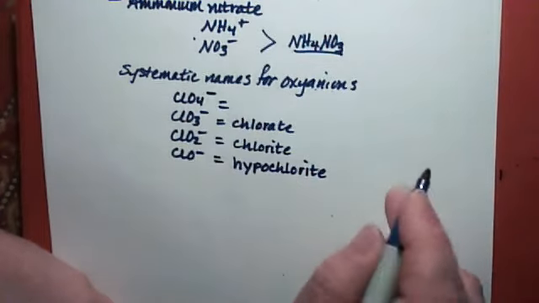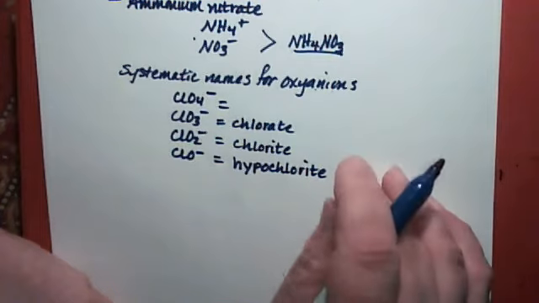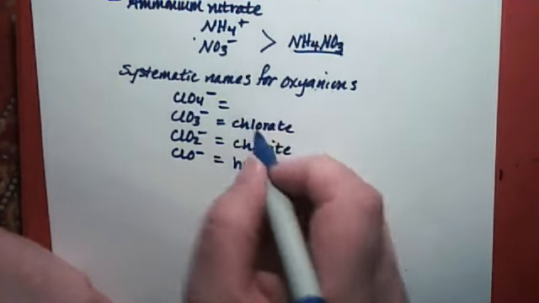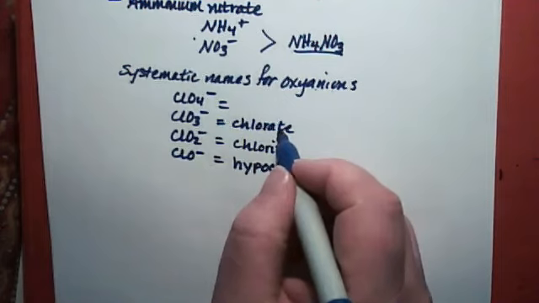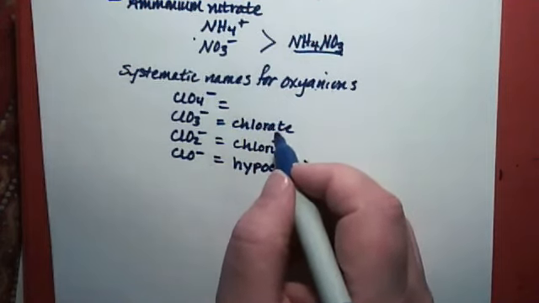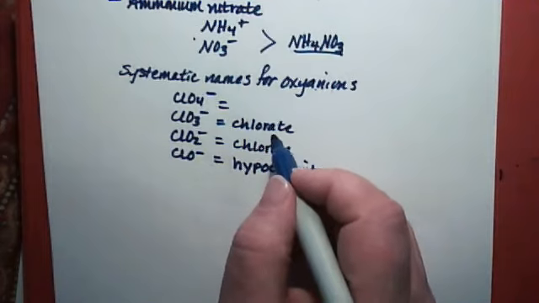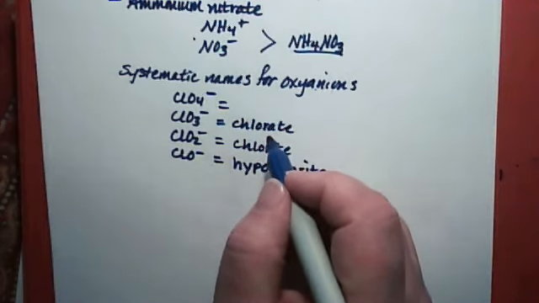But you're not done yet, because it turns out that there's also a polyatomic ion with chlorine and oxygen that has the formula ClO4-. Well, they already used chlorate, implying that 3 was the maximum number of oxygens possible with chlorine. So what do you do now that they found out that there's one with 4?